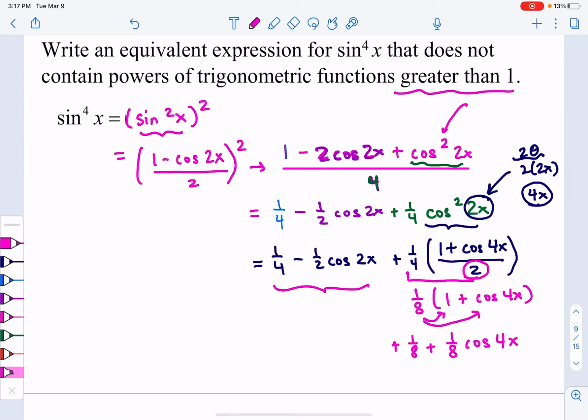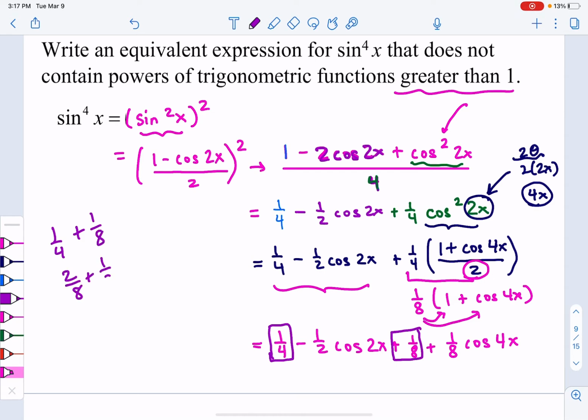And then all of this other stuff is just going to drop right down. I have a 1/4 minus a 1/2 cosine of 2x. And let's see, do we have any like terms that we can start combining? Well, I have a plain fraction 1/4 and I have a plain fraction 1/8. And if I have a 1/4 plus 1/8, that means I have a 2/8 plus 1/8, which is a 3/8.